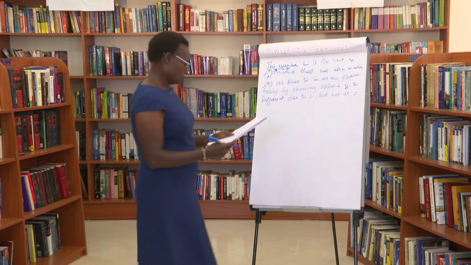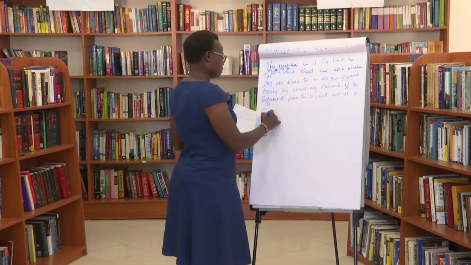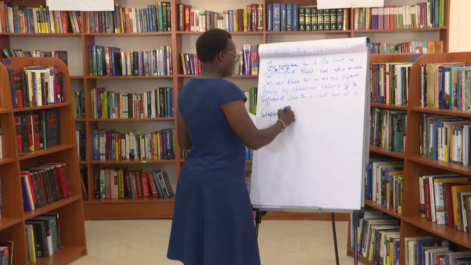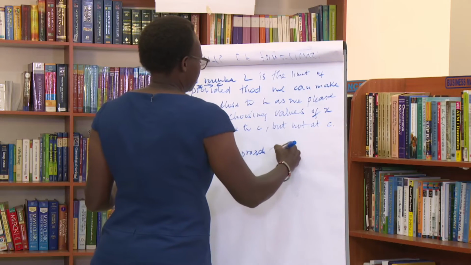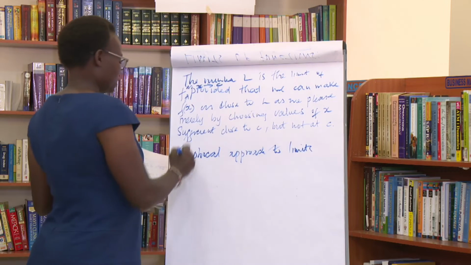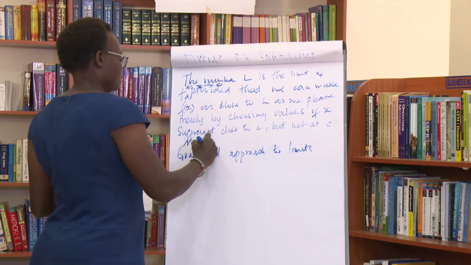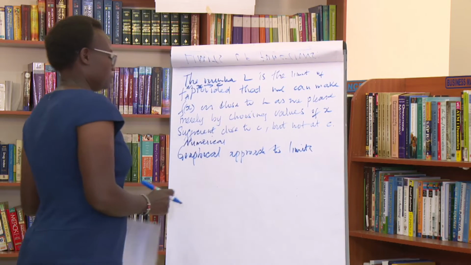So for example, this is actually the graphical approach to limits. And if you're talking about graphical, of course, a numerical approach must come in there, because it implies we look for tables, we draw the graph and all that.